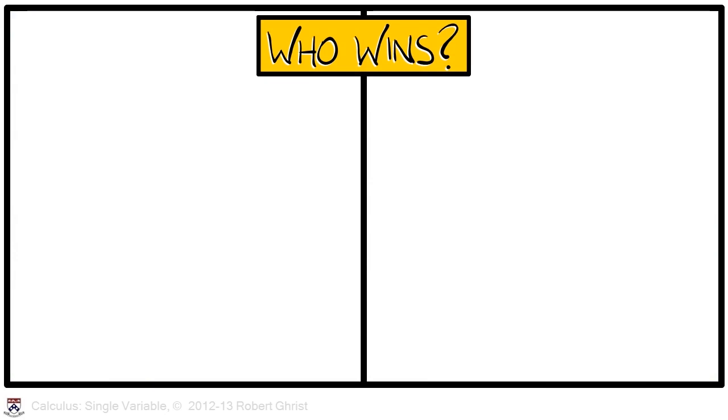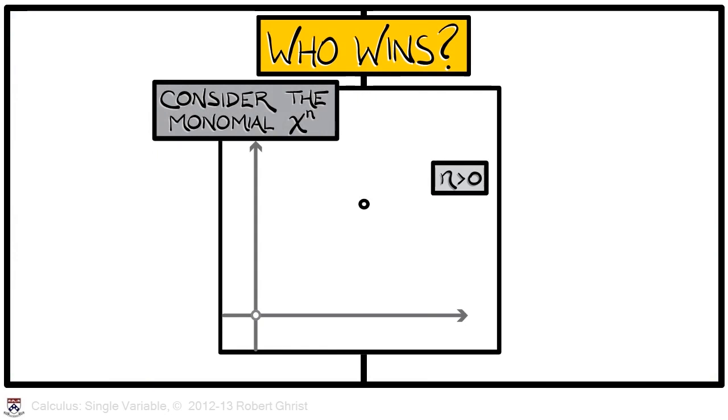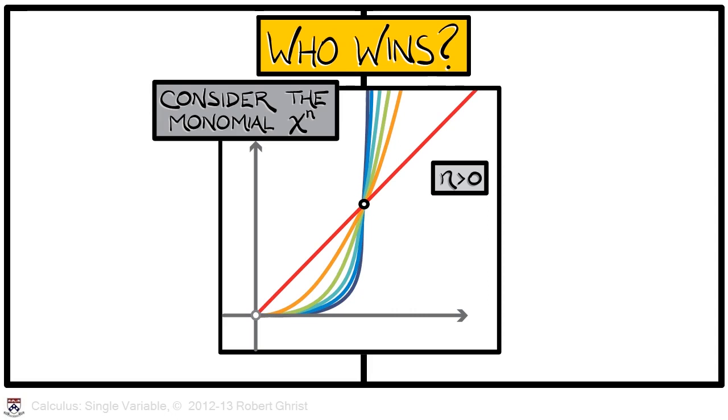For now, what we want to do is consider the monomials, x to the n for n bigger than 0, and look at their growth, both as x goes to infinity and as x goes to 0. Well, it's not exactly growing there, it's shrinking.